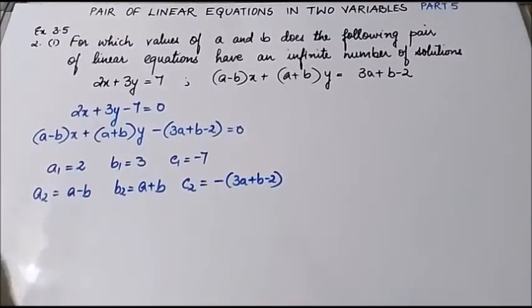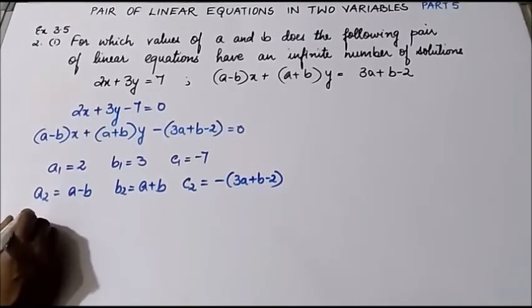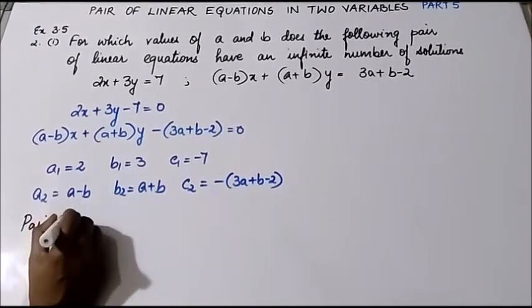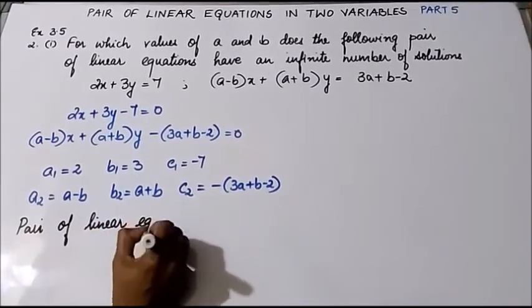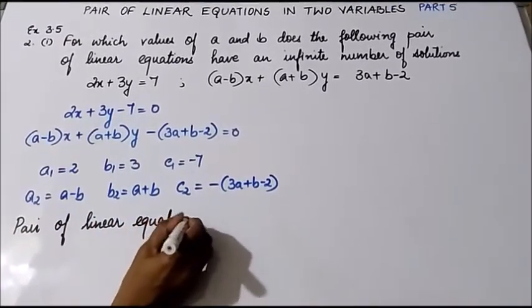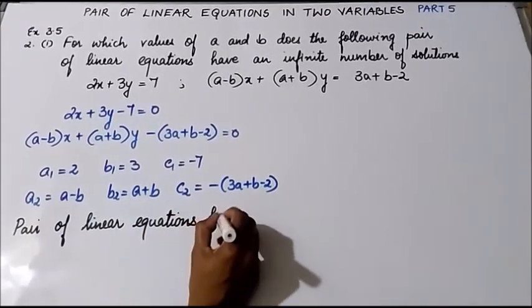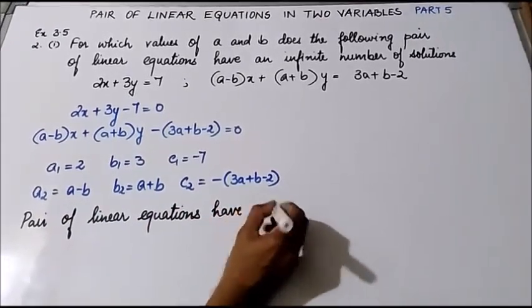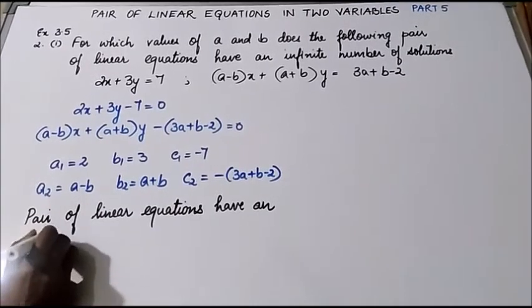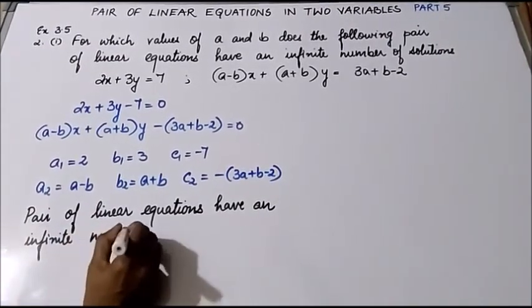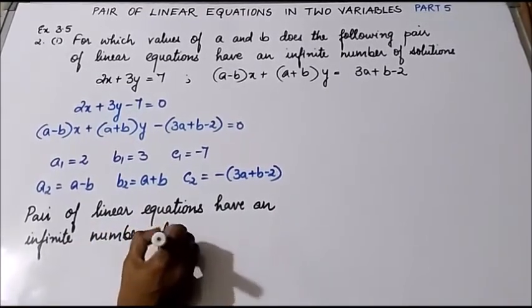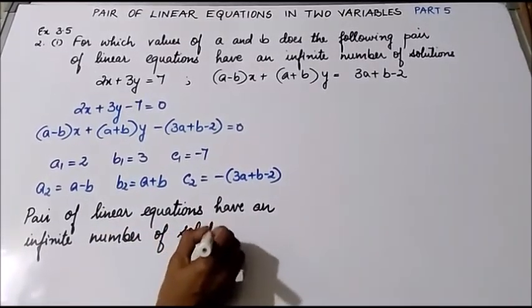Okay, now it is given to us the pair of linear equation have an infinite number of solutions. So what do we get?